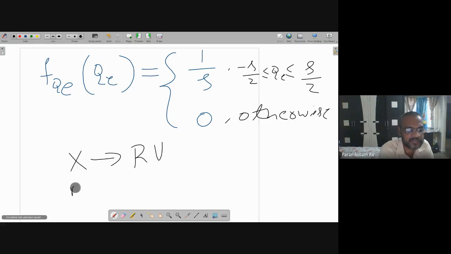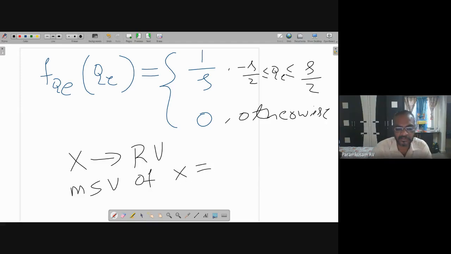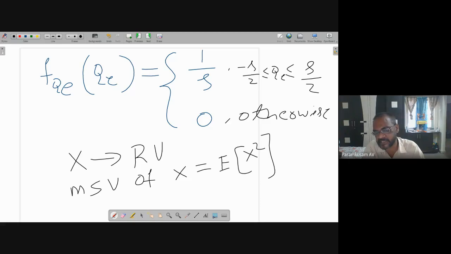Then what is the mean square value of the random variable x? Do you remember? If x is a random variable, its mean square value is nothing but the expectation of x square. The expectation of x is the mean value of x, and the expectation of x square is the mean square value of random variable x.